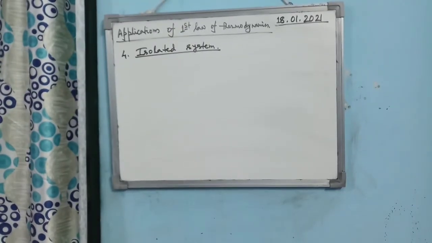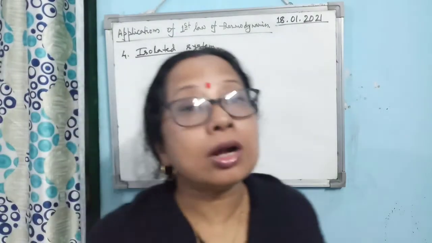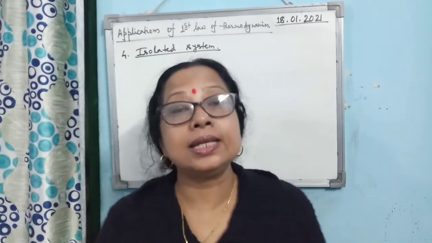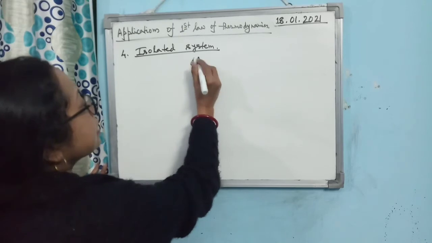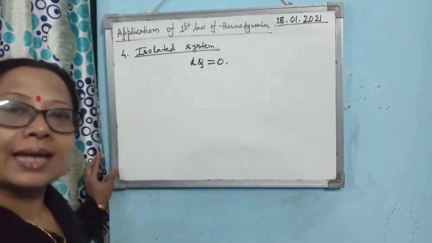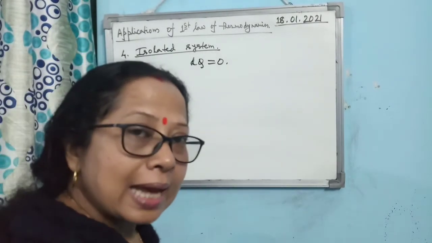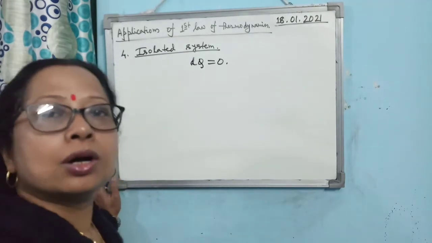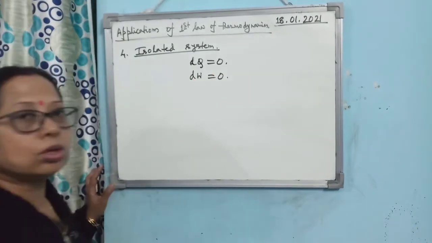Next one is the isolated system. Isolated system means what? It cannot take heat or release heat to the surroundings, neither heat nor energy. So you can write that for an isolated system, dQ is equal to 0. As it cannot take or give energy, it cannot allow anybody to do work on it, nor can it do work on another system. So dW is equal to 0.